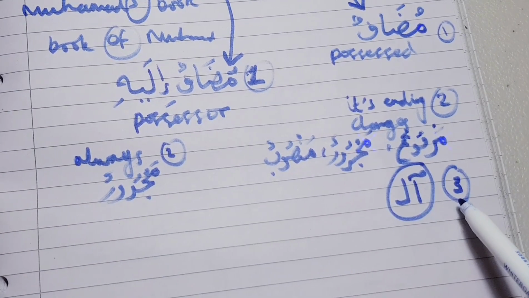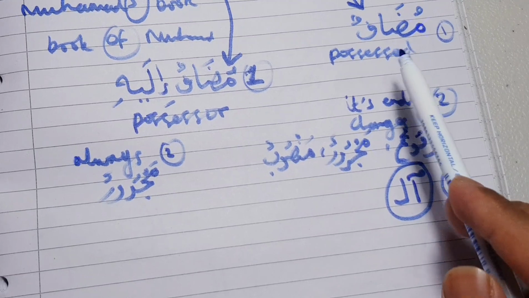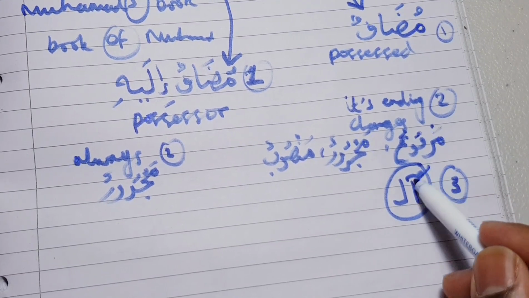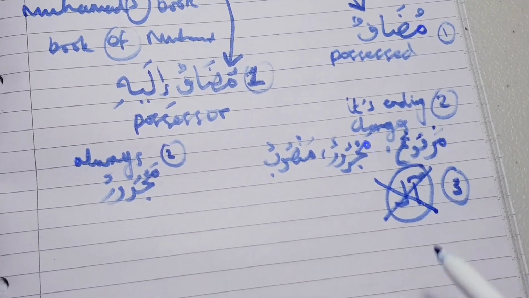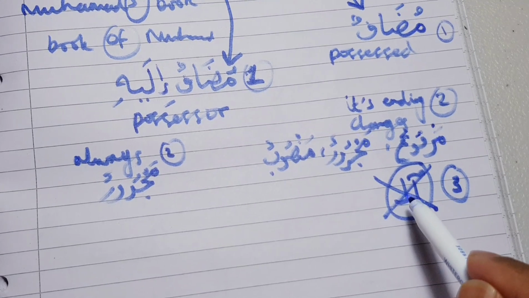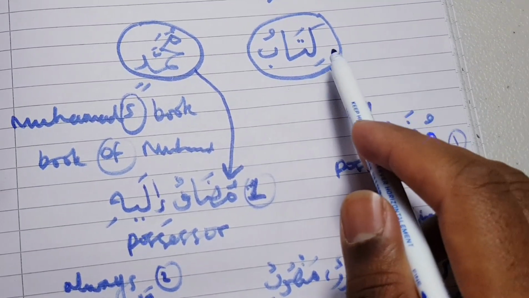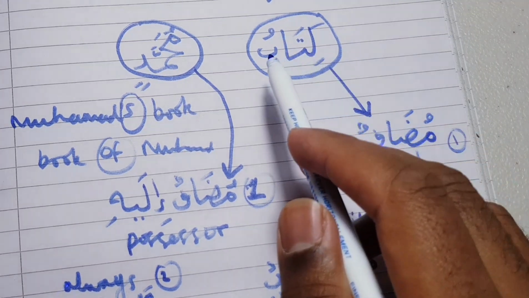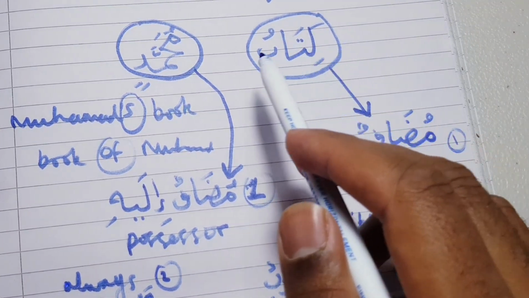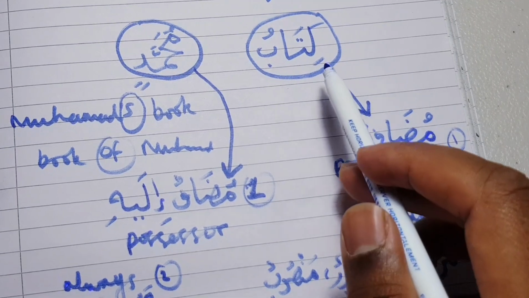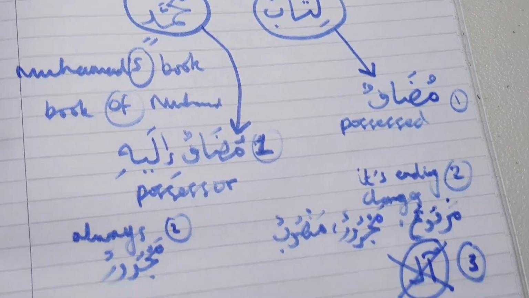Point number 3 is that the mudaf, the first noun, does not accept al. It will not have al at the start of the word. So al will not come. It will not be al-kitabu. So we're not going to have al with the mudaf.